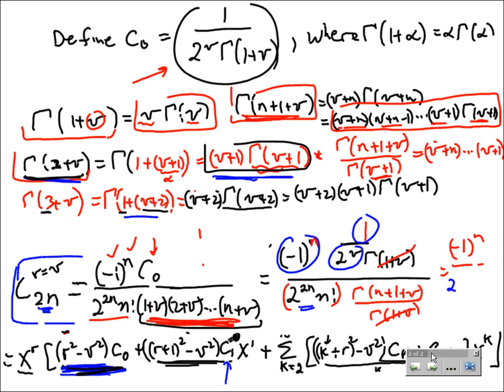So it's going to be 2 to the 2n plus v times n factorial times n factorial times this gamma function times, in the bottom, gamma of n plus 1 plus v.